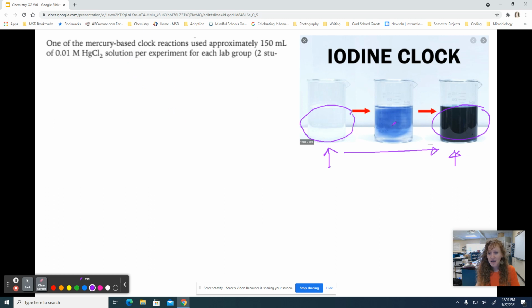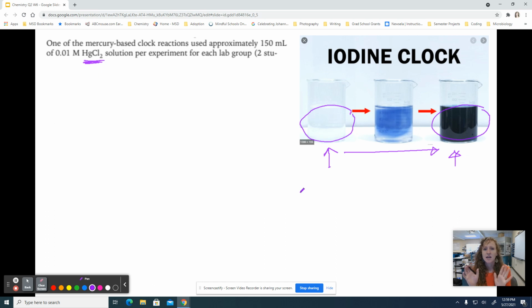So this clock reaction can also be done with other compounds. Iodine, peroxide, and vitamin C is one group of compounds that will give us a clock reaction like this. Well, mercury chloride is another solution. And one of the points of this lab that we talk about is that the vitamin C reaction is green, right?